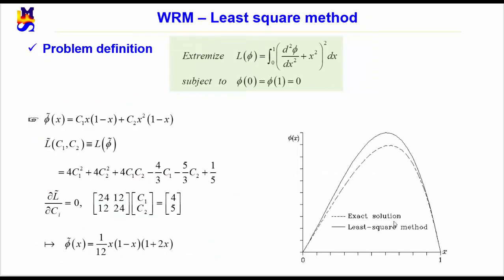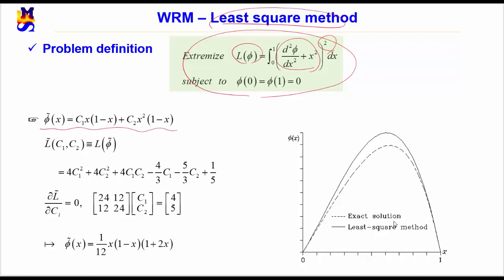First, let's calculate a least square approximation using this trial function. We can start from the weak form, but let's start from this problem to emphasize the equation form of least square approximation.